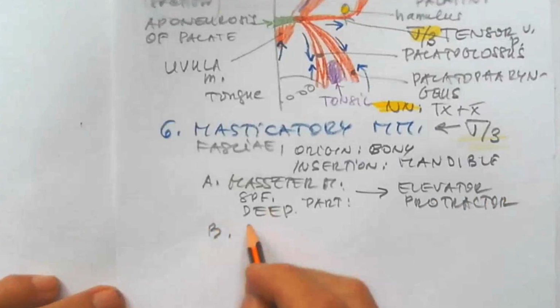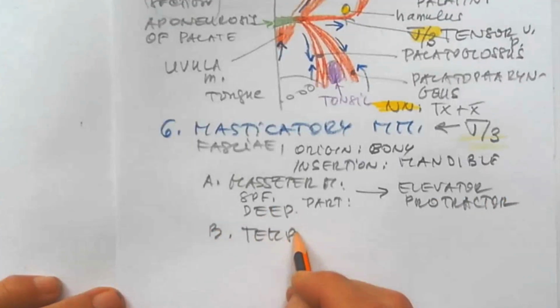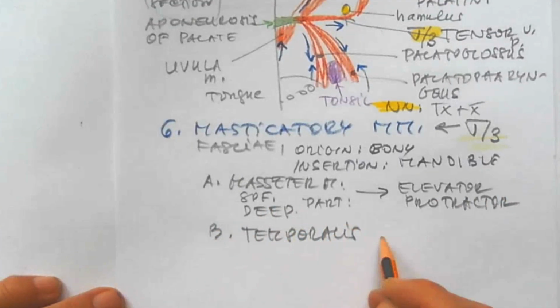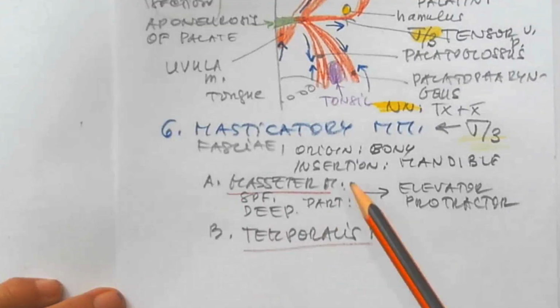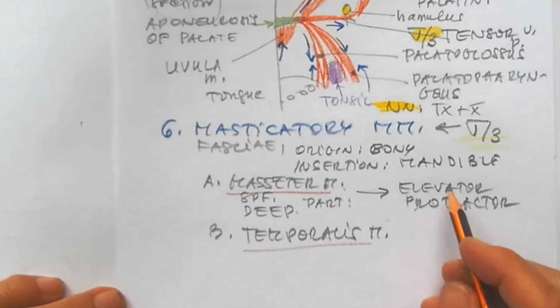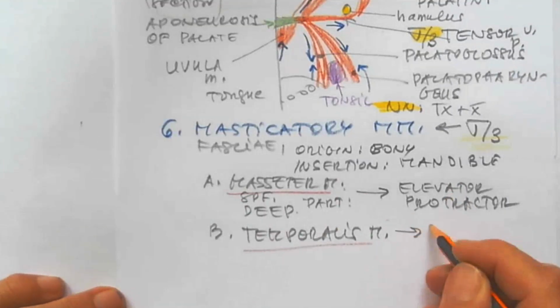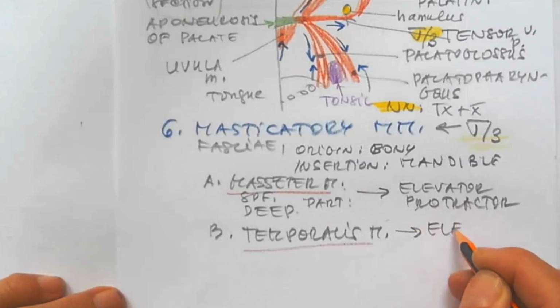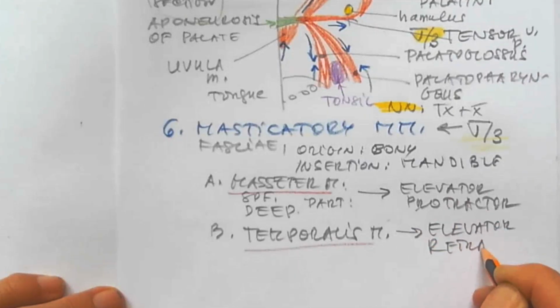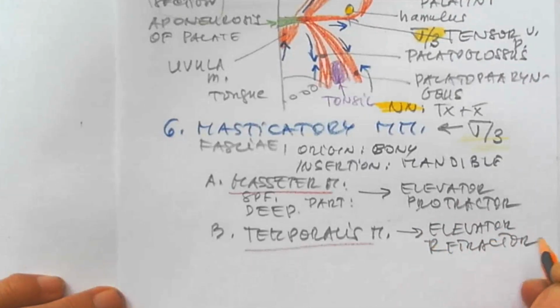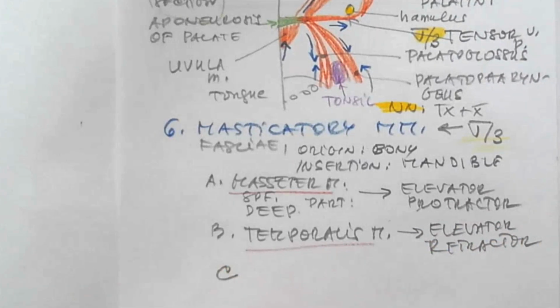B is the temporal muscle, temporalis. We will speak about the temporalis again together with the temporal area, temporal fossa. Temporalis is elevator again, strong elevator, but also retractor, moving the mandible dorsally, posteriorly.